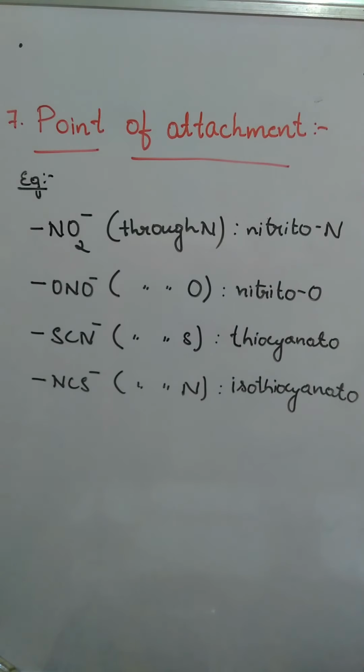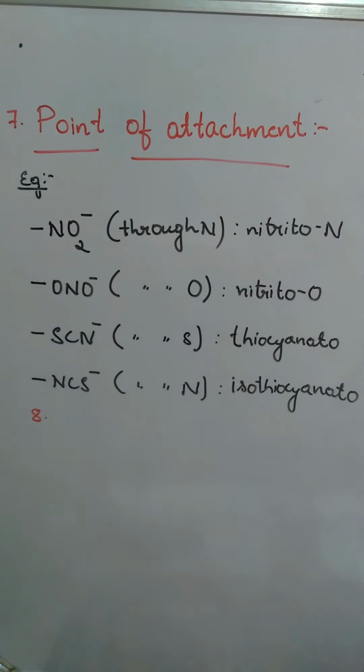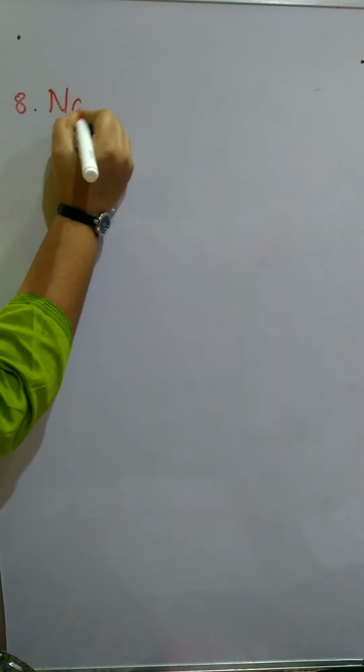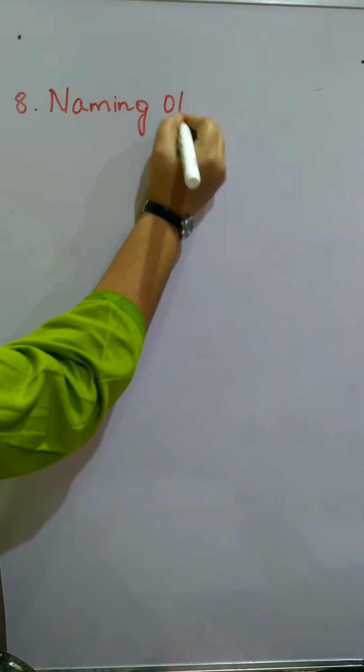The next point is naming of geometrical isomers.